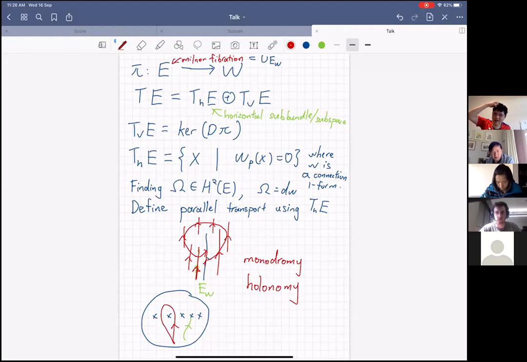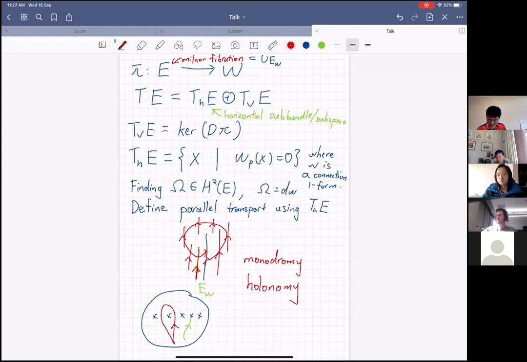It would still be useful to define monodromy. Can you write down the definition of monodromy? Or have we agreed that monodromy is just holonomy over closed paths? Yeah, I think that's it. Maybe give a reference.